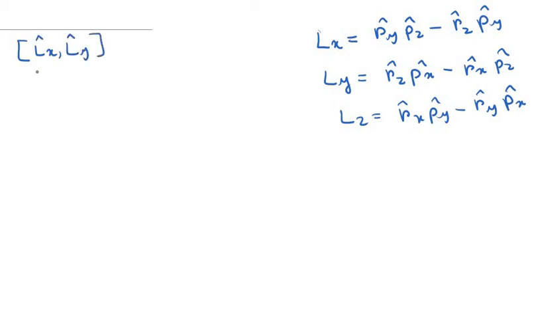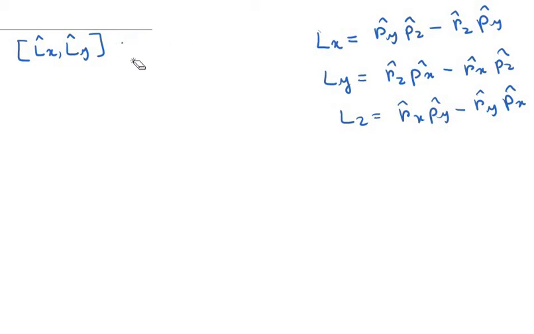If this commutator is equal to 0, this would mean that I can measure the angular momentum along the x direction and along the y direction at the same time. So let us actually do this. We have Lx equal to Ry Pz.